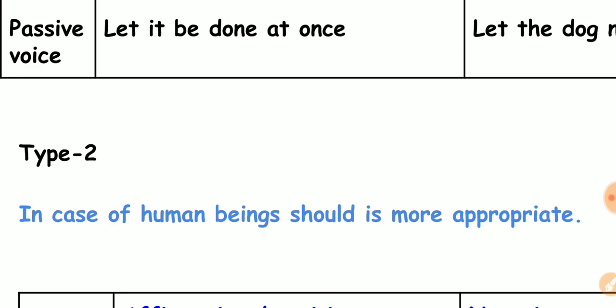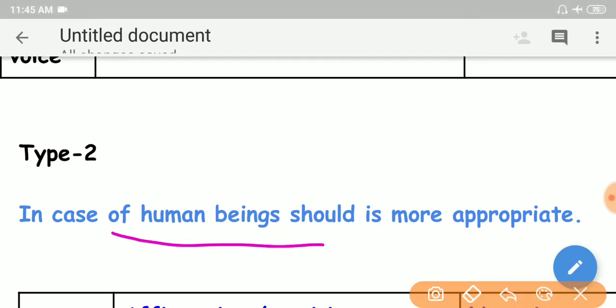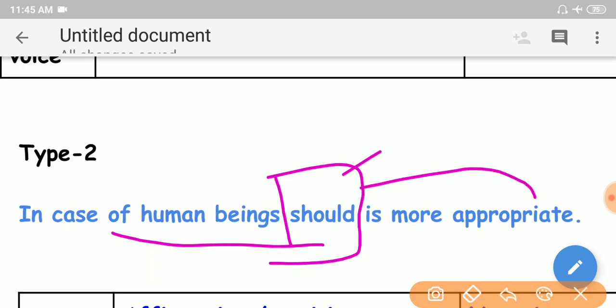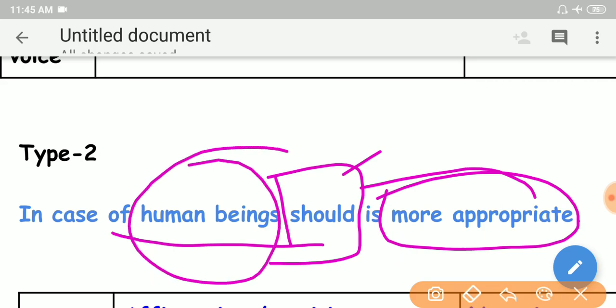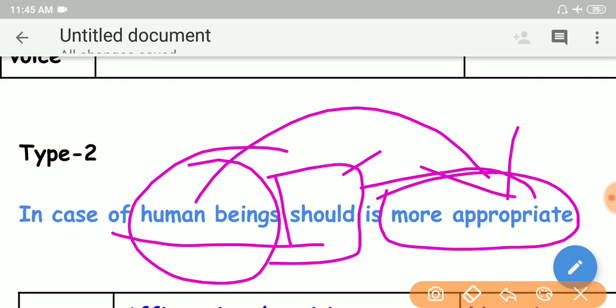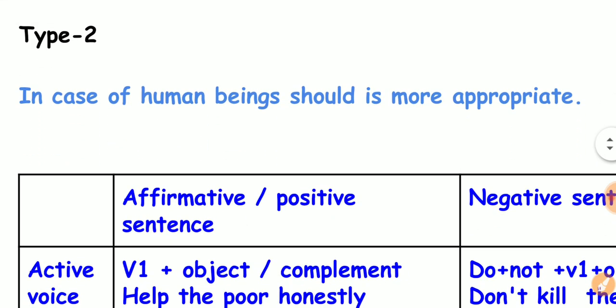But if the object of the active sentence in an imperative sentence contains human beings, then should is used, or should is more appropriate, my dear friends. When there is a human being, should is the more appropriate one. So let can also be used, but the most appropriate is should, my dear friends. Let us go and learn with such examples.